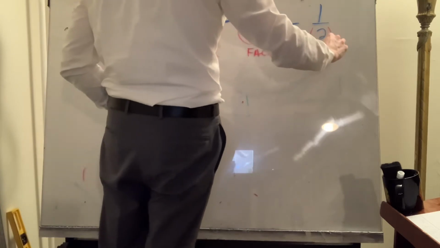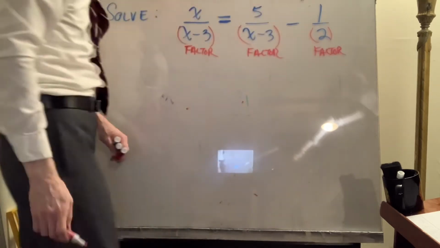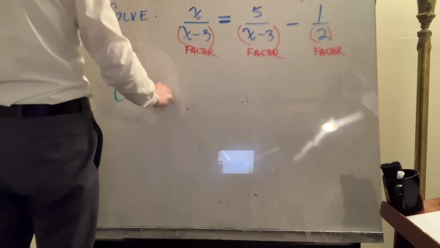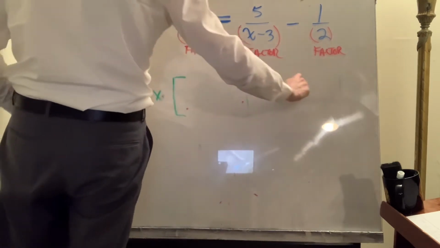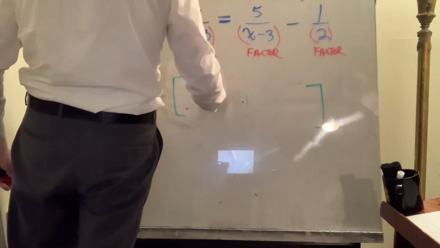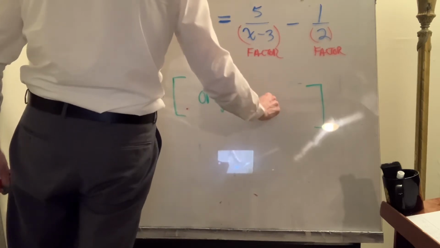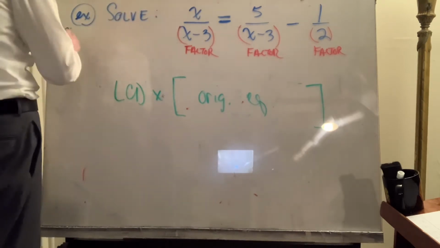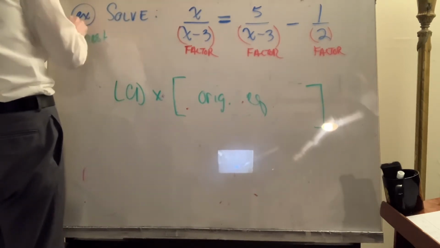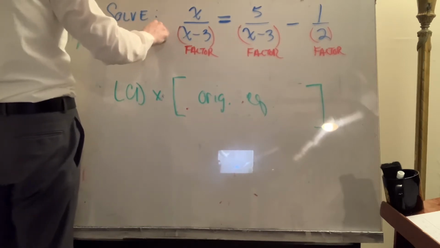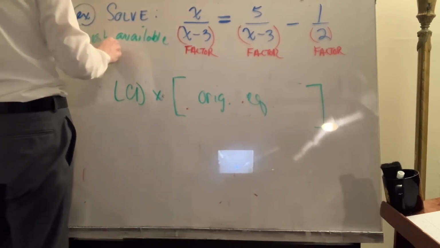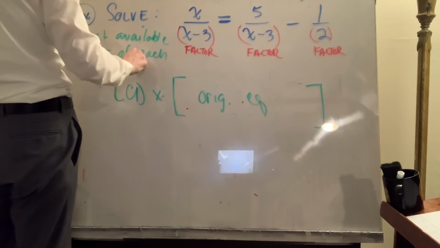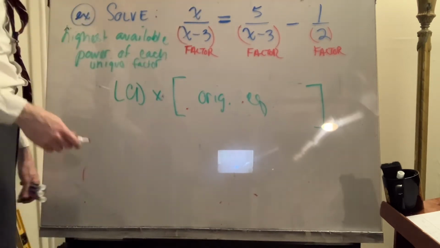and in theory a factor. Why? Because we would multiply them together anyhow, right? For the sake of having an LCD that we would multiply the equation by, we want the highest available power of each unique factor or letter, all right, if it was just a letter, but that would technically be a factor as well.